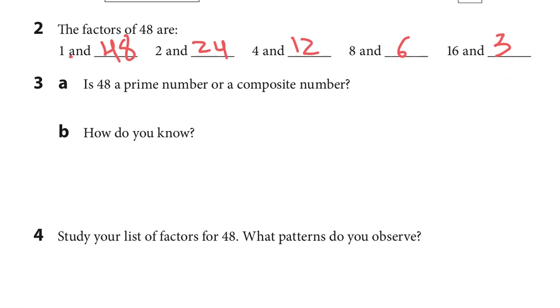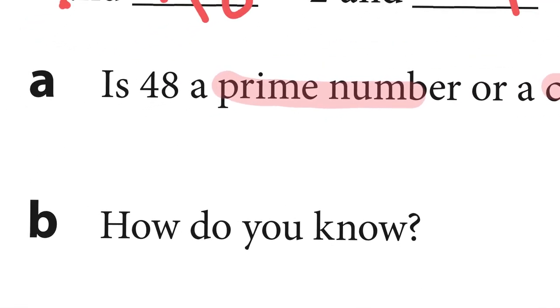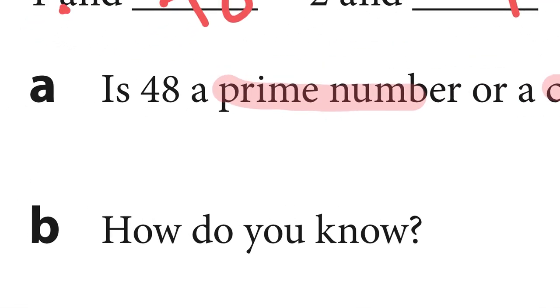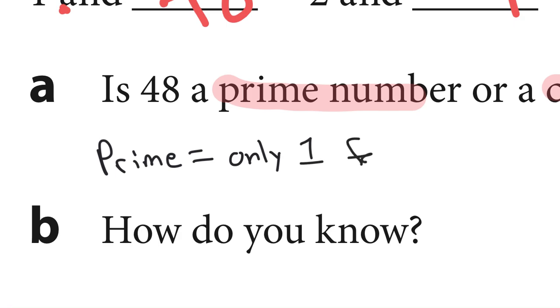Question 3 says, is 48 a prime number or a composite number? A prime number, if you remember, so let's see, I could say prime, only one factor pair. Okay, that's our definition, right?